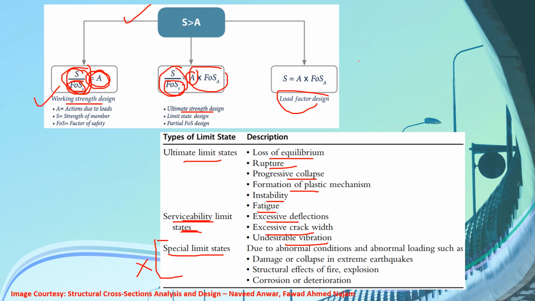But rather recently, a new type of design method, which is known as the performance-based design, the concept of performance-based design has come onto the field of structural engineering. So our design methods are usually code-based. Even our code for the design of reinforced concrete that we will be using in this course, IS 456, is associated with this limit state design method.